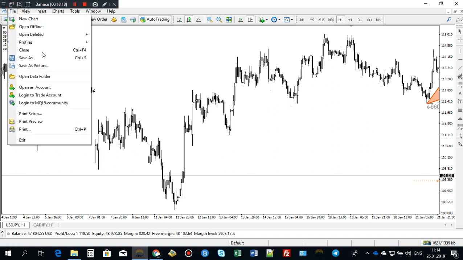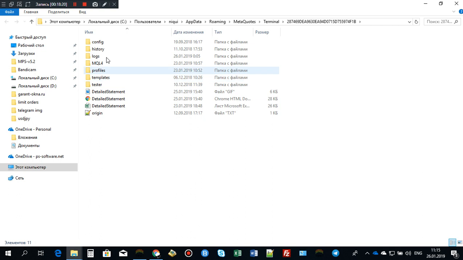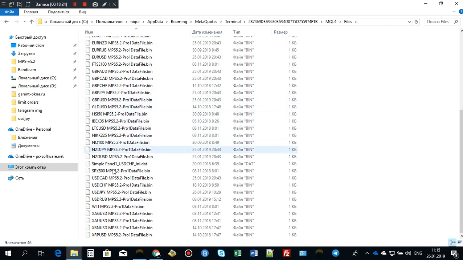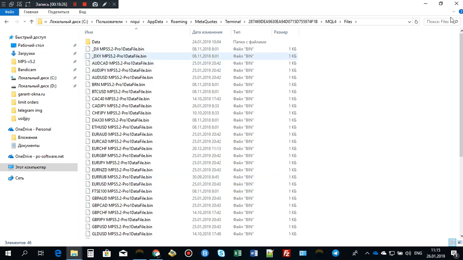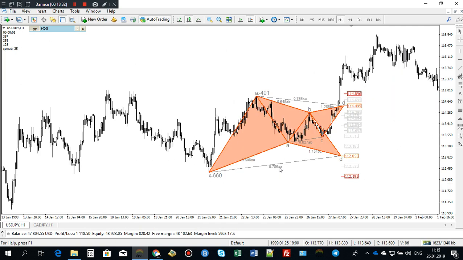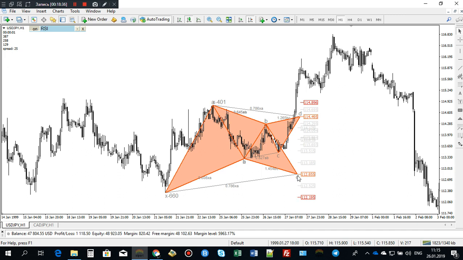Let's go to files, open data folder. Let's go to MQL4 files, and here you see we don't have any Excel files, yes? And if we progress during the backtest, the Excel file will appear. So the first pattern is a bearish one because the bullish one didn't complete, yes? So what we need to do, we press B, as I told you, click for entry time.